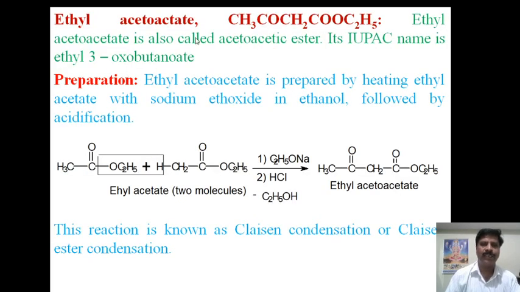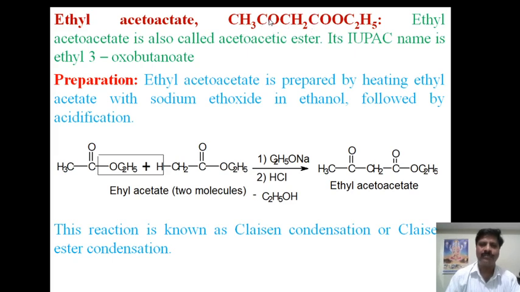Now ethyl acetoacetate, its molecular formula is CH3COCH2COOC2H5. Ethyl acetoacetate is also called acetoacetic ester. Its IUPAC name is ethyl 3-oxobutanoate. How is it written as the IUPAC name? This is the ethyl, and numbering is taken from the ethanoate: 1, 2, 3, 4.